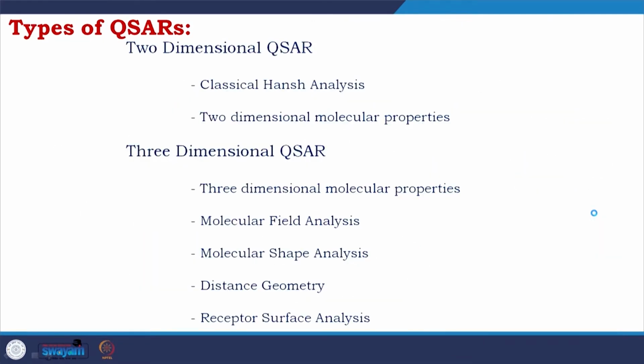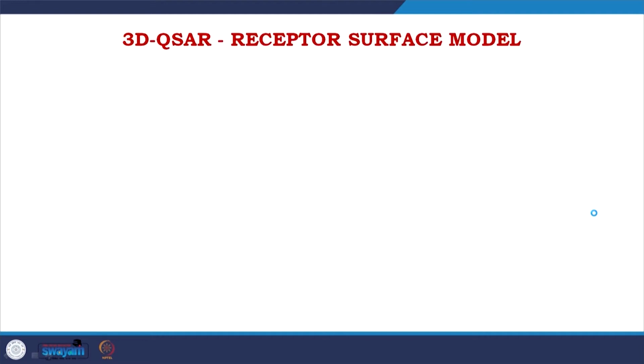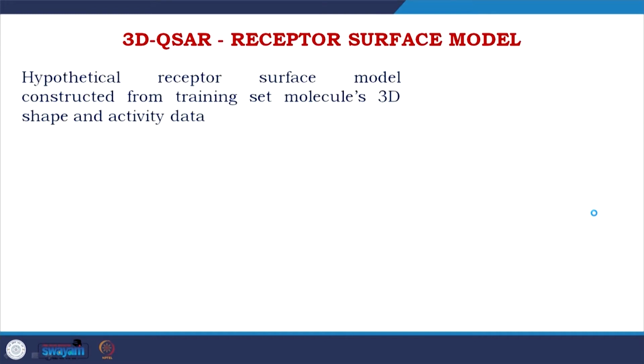Types of QSAR: 2-dimensional QSAR, like classical Hansch analysis and 2-dimensional molecular properties; and 3-dimensional QSAR, with 3-dimensional molecular properties, molecular field analysis, molecular shape analysis, distance geometry, receptor surface analysis. So, let us look at a case study, the receptor surface model. A hypothetical receptor surface model is constructed from the training set molecules' 3D shape and activity data.